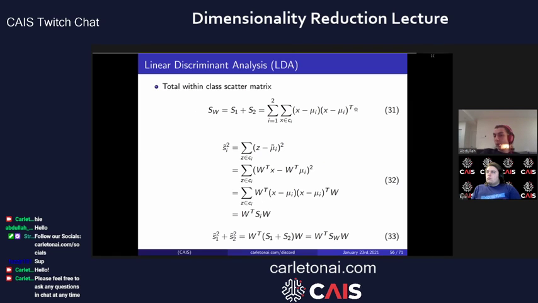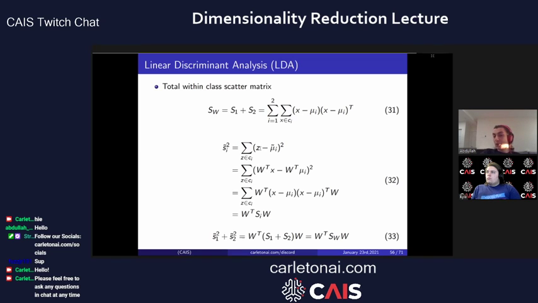So now let's do the same for the within class variance. Well, that was what we calculated before as the within class scatter matrix. But in the denominator of our objective function, we divided by the scatter of the projected data, right? The scatter of the projected data is the distance between the projected data and the projected mean.